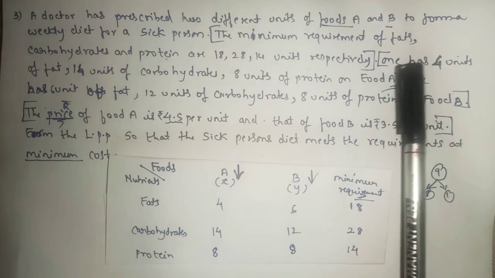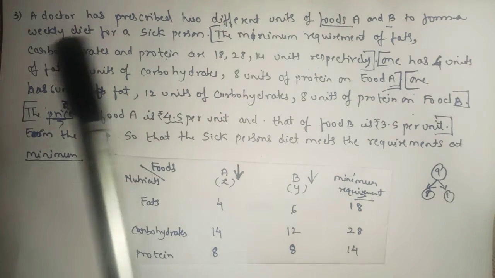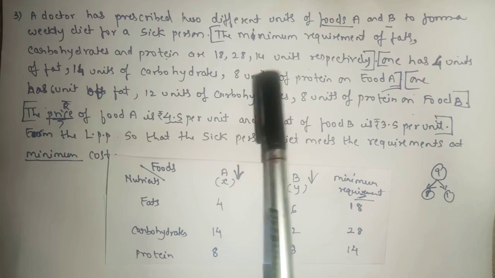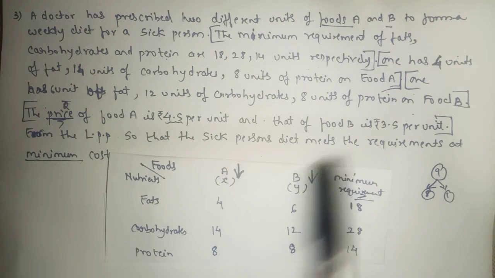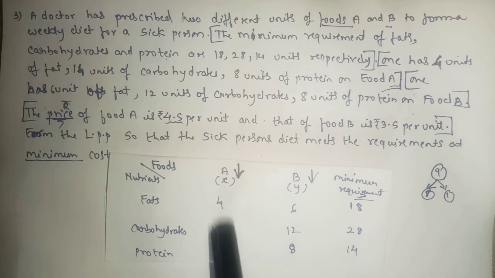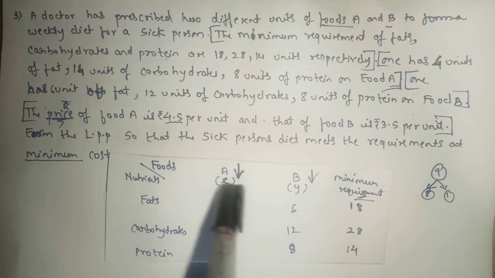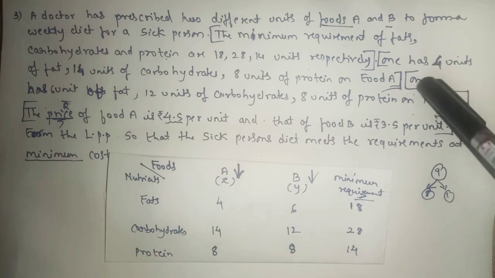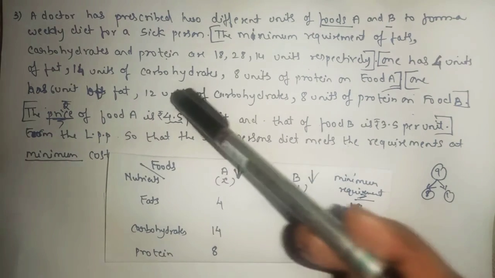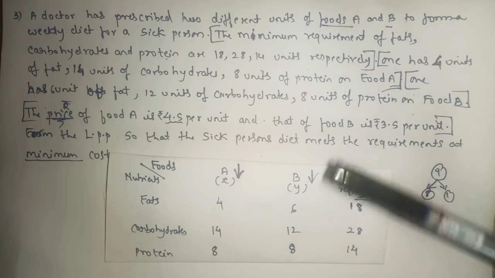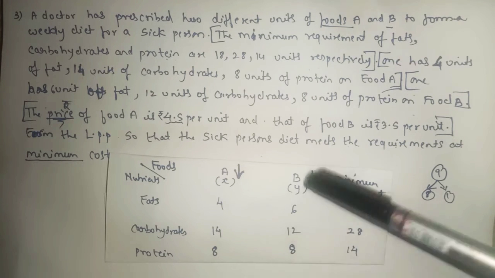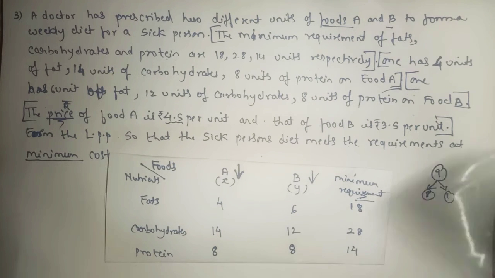The second sentence says 4 units of fat, 14 units of carbohydrates, 8 units of protein are on food A. So this is the part of food A, and there you will substitute the values. Then 6 units of fat, 12 units of carbohydrates, and 8 units of protein on food B. So you will substitute that in the second column, food B.